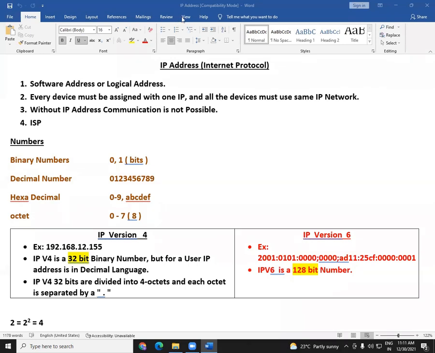Second thing is, it will take 5 classes for me to cover IP addressing, but I may go with 6 classes. The reason is, if you learn IP addressing very well, for the rest of your life the IP concept will remain the same. For the next 2, 5, 10, 15, 20 years, the IP address concept will not change.